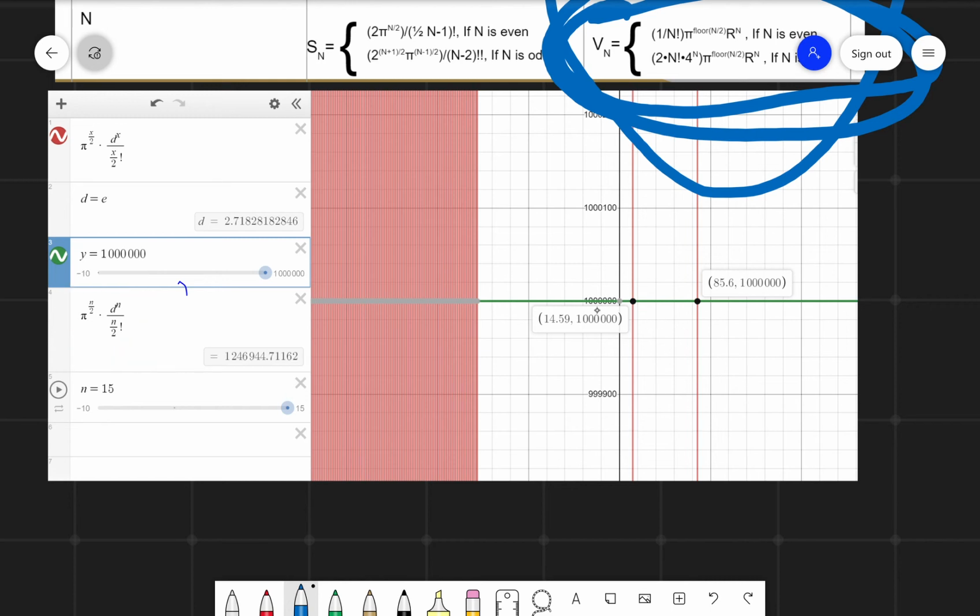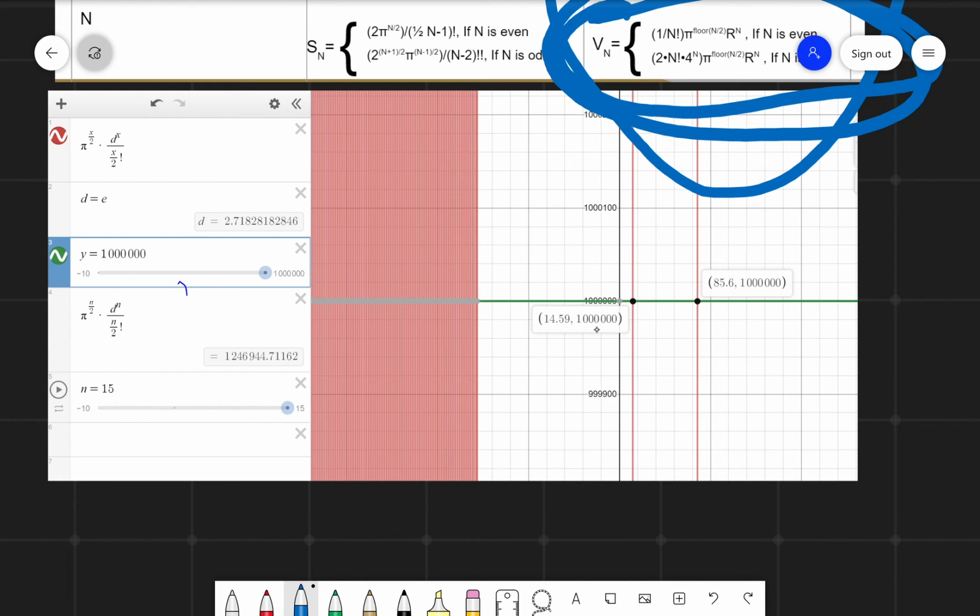If you look here, we have a billion negative values, but we only have 2 positive values. Maybe there's more down the road, but we want the smallest one, right? This one over here is the first that occurs after this x equals 0 line, and it's 14.59. Now that's how many dimensions we need to get to exactly a million.